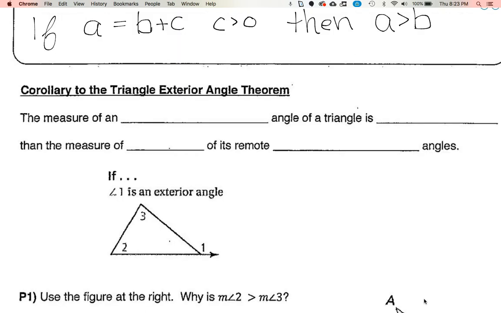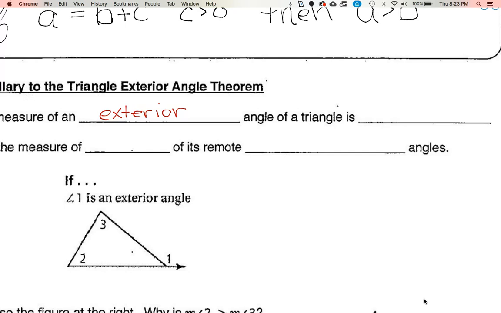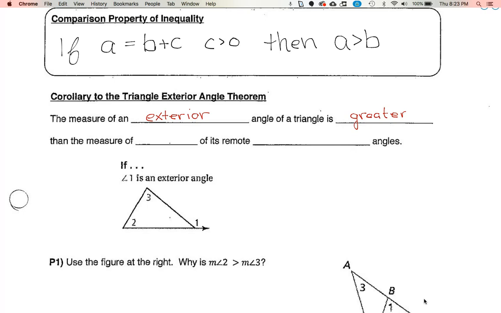And right off the bat, we have a corollary to that. This corollary is going to build off of the exterior angle theorem. So the measure of an exterior angle of a triangle is greater than the measure of each of its remote interior angles.